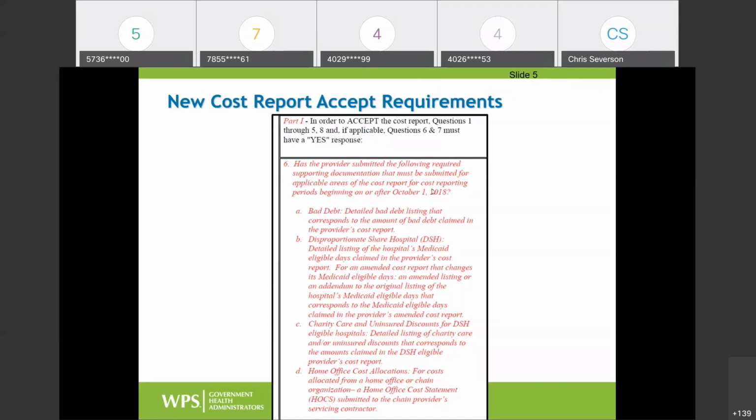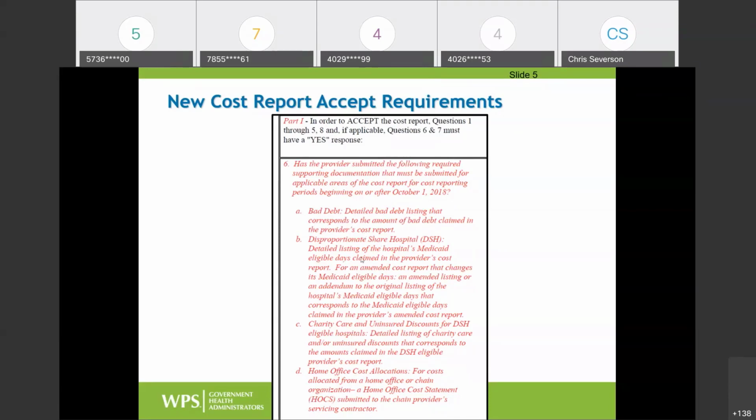And again, you can see that it was for cost report periods beginning on or after 10/1/18, but it deals with these different issues. It deals with bad debt, detailing the bad debt listing. There has to be a detailed bad debt listing that corresponds to, now, I want to come back to that phrase in just a bit, corresponds to the amount of bad debt claimed in the provider's cost report.